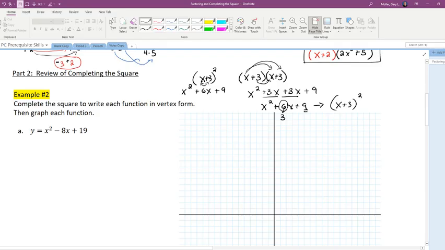Okay, so we want to make use of that fact, and we want to do exactly what this says. We want to complete the square, meaning we want to take something that maybe isn't a perfect square, and we want to make it a perfect square. So the first thing I want you to notice is that if I asked you a question on part A and I said, hey, is this one of those things that will factor nice and easy into a binomial squared? In other words, is this a perfect square?